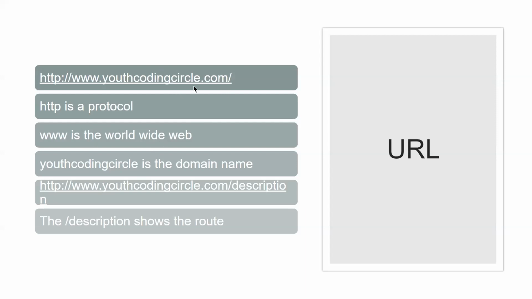Basically, if you want to access a website, you have to send an HTTP request, which is why practically every website name has the HTTP in front of it. The www is the World Wide Web, which is where this HTML page is stored, and Youth Coding Circle is a domain name.